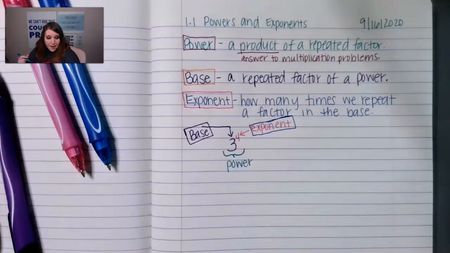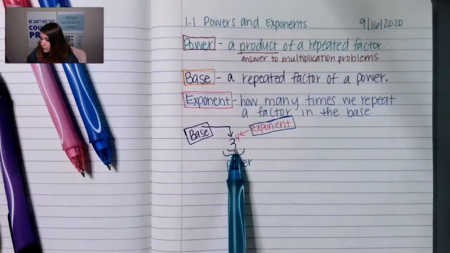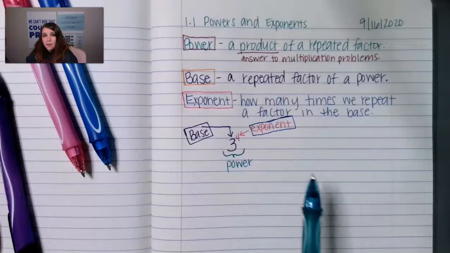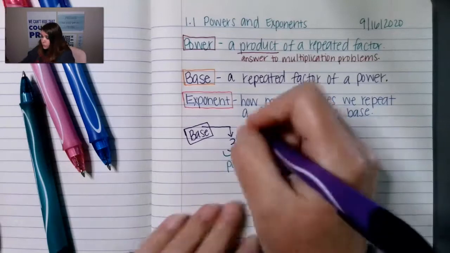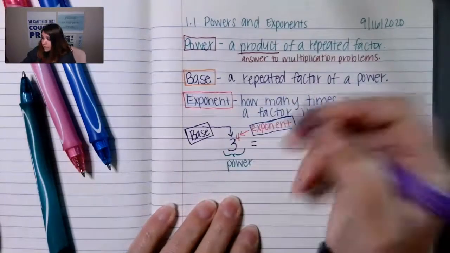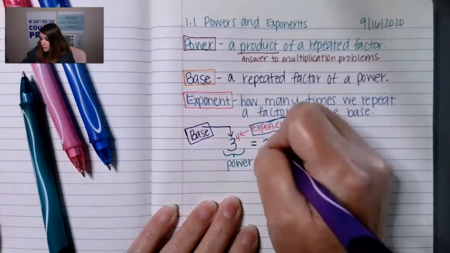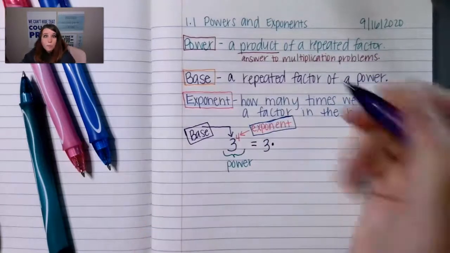Now let's look at the rest of this. We have the number 3, and it's being used as a factor. We know that factors are numbers that are multiplied together to get the product, which is the answer. So we're going to say 3 times, yeah, welcome to middle school.